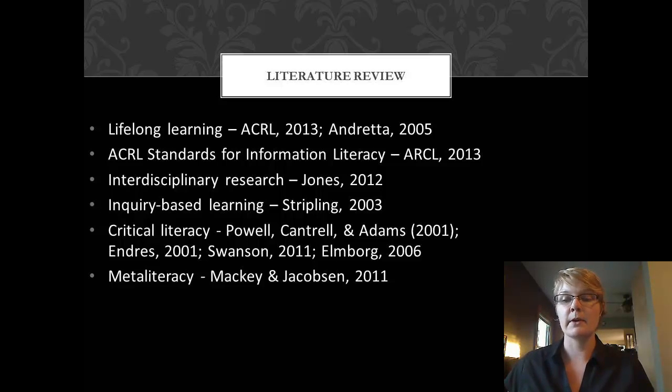We've also seen more inquiry-based learning going on, focused on learning communities, and we also have a model called critical literacy, which basically focuses on the idea that literacy-based education pushes students towards self-reflection and ultimately to transformative action. And finally, we have meta-literacy, which entails using technology to help students learn how to be literate in a variety of areas. So they're essentially learning how to learn.